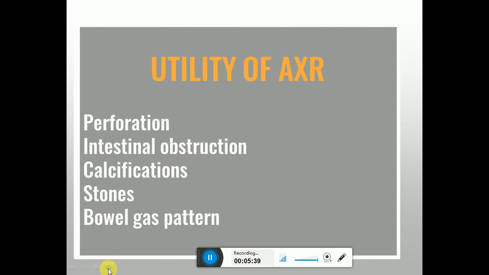Then there can be stones: renal stones, ureteric stones, urinary bladder stones. Bowel gas pattern, definitely that also has to be studied. So these are a few utilities which I have shared here with you. There are many more, but of course, these few are main.